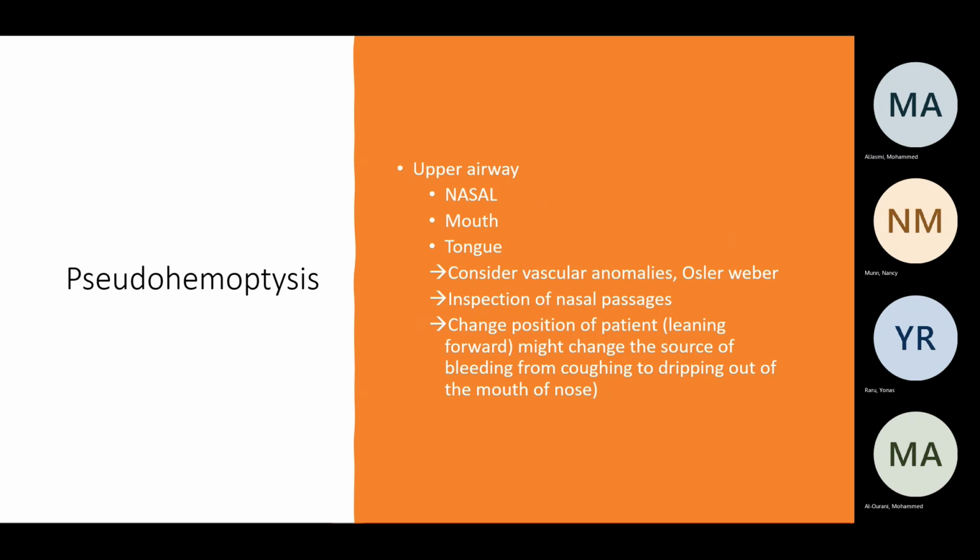One trick, if you're suspecting pseudohemoptysis from a nasal passage before you intubate the patient, is to make them lean forward. If the blood stops draining and just starts trickling from the nose, it's a nasal bleed. And trust me, nasal bleeds can be very, very, very bad.